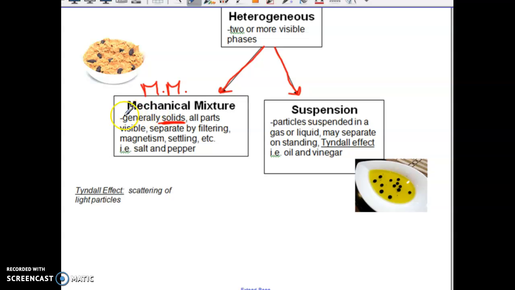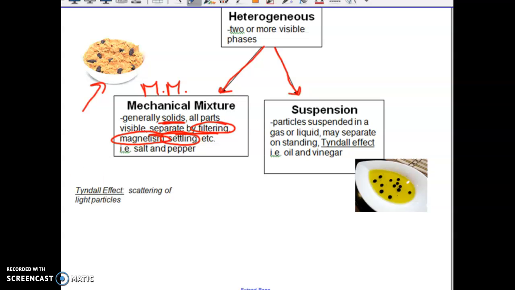Mechanical mixtures are very easy to separate. You can separate them with instruments, even with your hand, right? So let's say I have Raisin Bran cereal and I want to take out the raisins. I can do that pretty easily. Or if I'm eating a slice of pizza and somebody has mushrooms on it and I don't like mushrooms, I can take the mushrooms off. But even filtering or settling or separating with magnets.